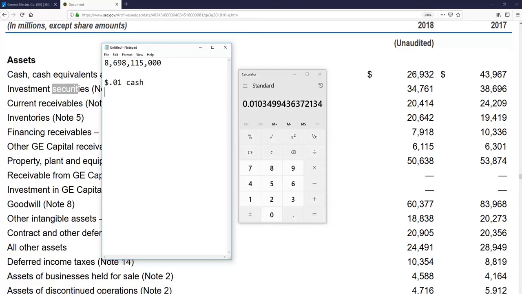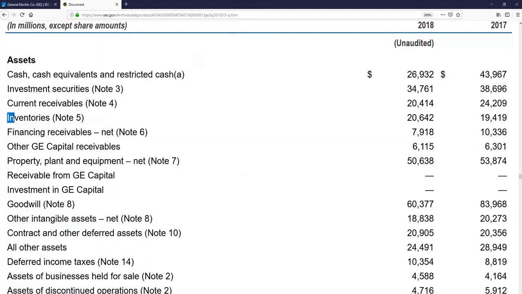All right. Next thing we're going to look at is the inventories. Okay, inventories, property, plant, and equipment, other intangible assets. We're going to take a look at this note here. Contract and deferred assets, another note, and then all other assets.